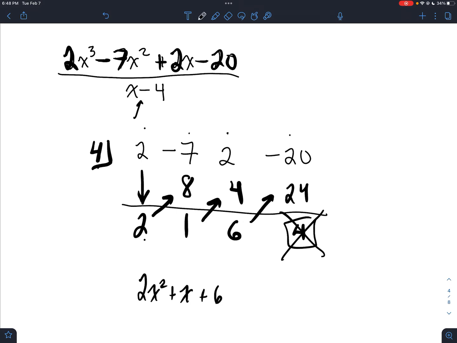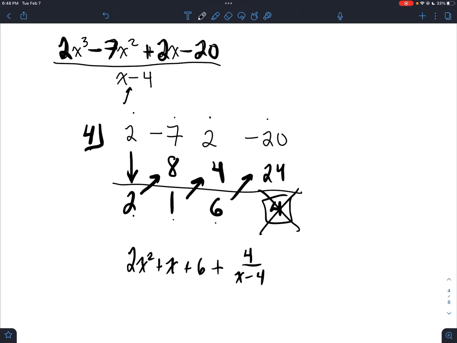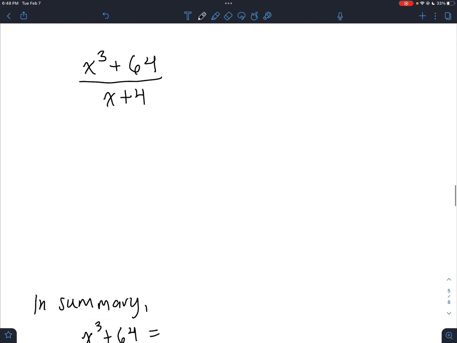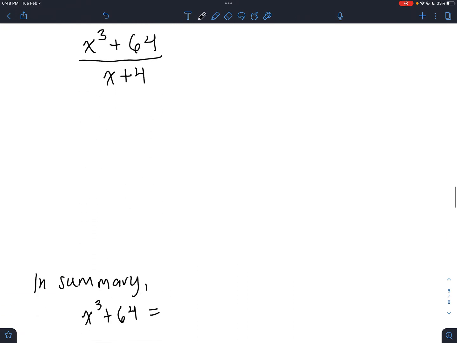It means the answer is these 3 numbers as a polynomial, and then you have to add 4 over x minus 4, and it doesn't work as well. This one does not factor, but that's okay. That's how you write it when it fails.